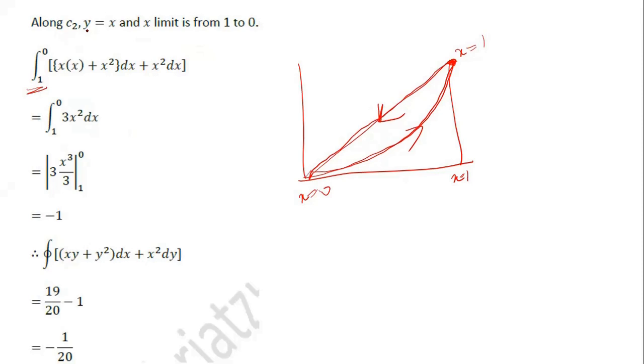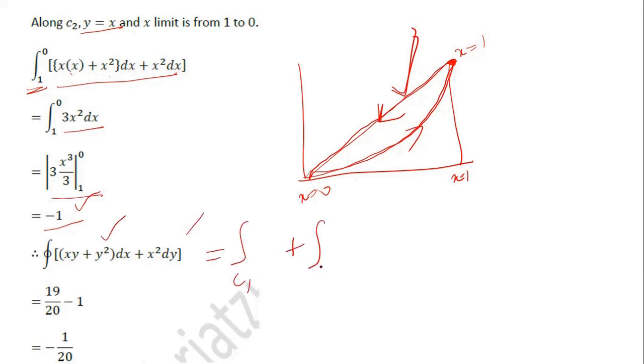And the equation of this line is y equal to x. So for every y, you just put y as x, then this is what you will arrive at. If you perform the integration here, this is what you will get. And if you add the two integrations, C1 plus C2, you will have this. This is minus 1 upon 23.